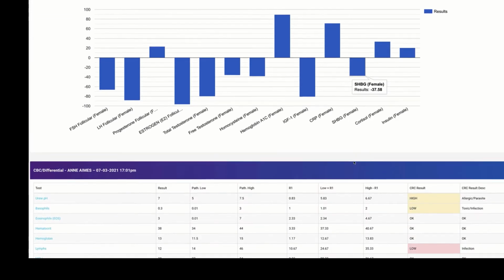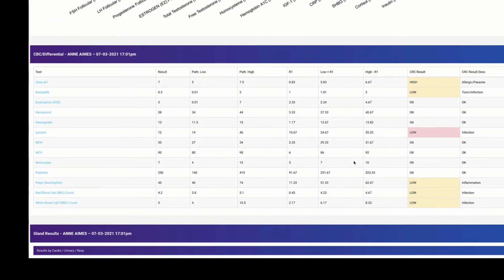Now, as we come down even further, now we're looking at the CBC differential. This tells us about immune function. And again, with the COVID virus, with immune function, you can get a good idea, when you're looking at this particular patient, how much their immune system is being antagonized or attacked.